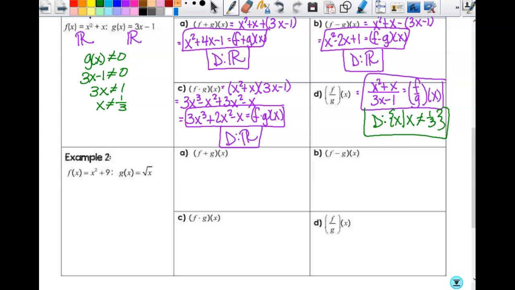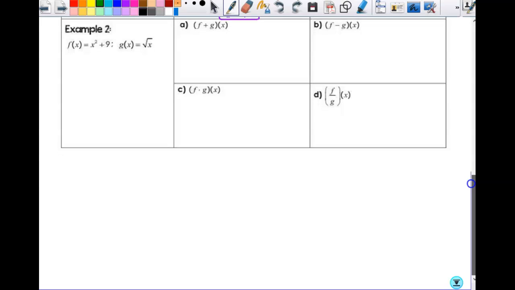All right, so on this next one, we're just going to look at the domains. So I want you to talk amongst yourselves at your table and decide what the domains of these two functions are. And then I'm going to call on somebody to tell me what their table decided, so make sure you discuss it.